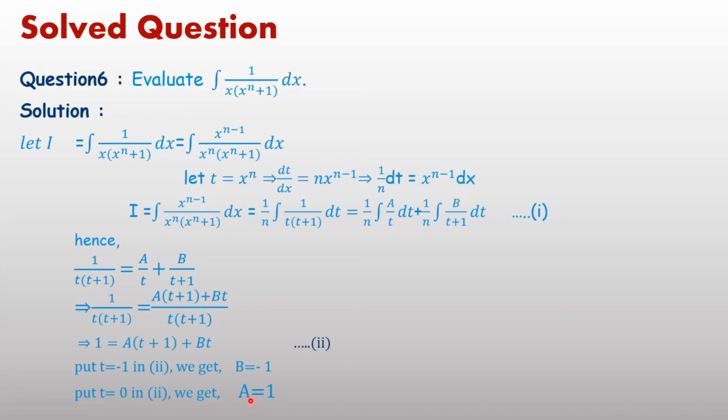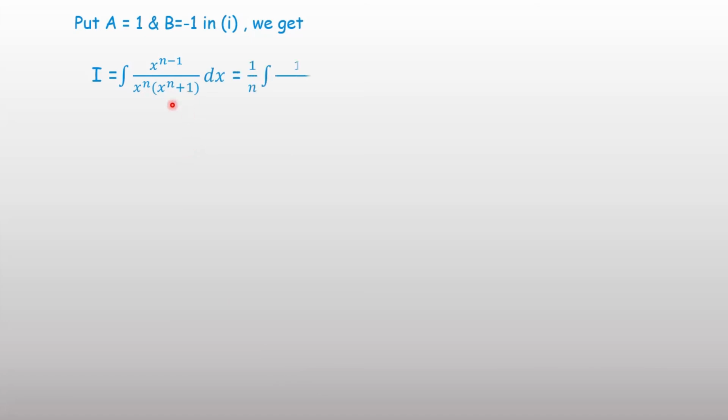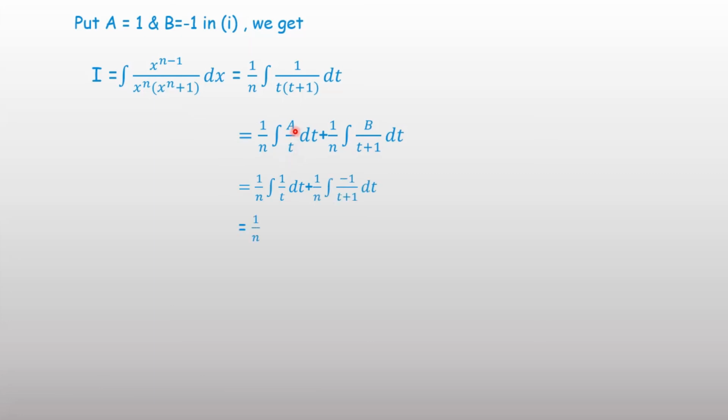Now put the value of a and b in the equation, and we will get I equal to 1 upon n integration of 1 upon t into t plus 1, which is equal to 1 upon n a upon t plus 1 upon n integration of b upon t plus 1. Value of a is 1 and b equal to minus 1. Put and integrate it: 1 upon n log t minus 1 upon n log t plus 1.